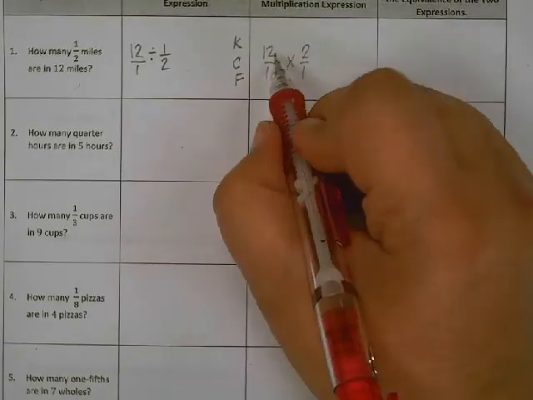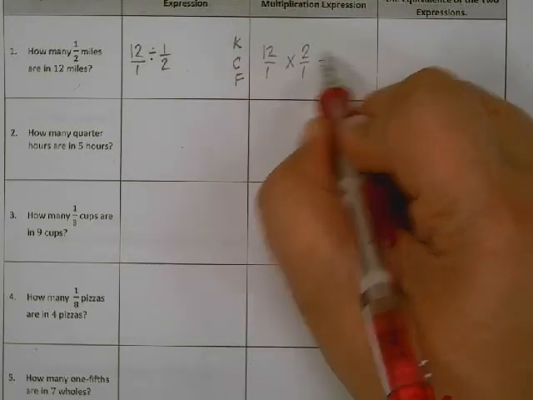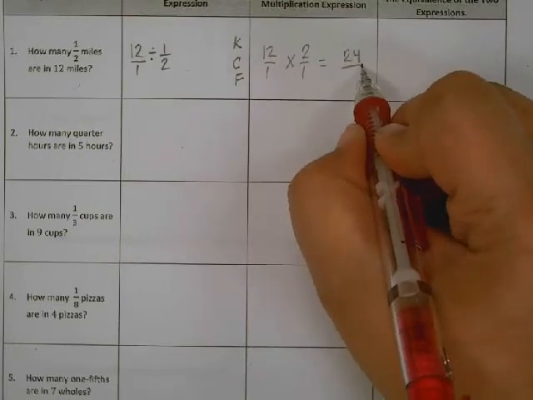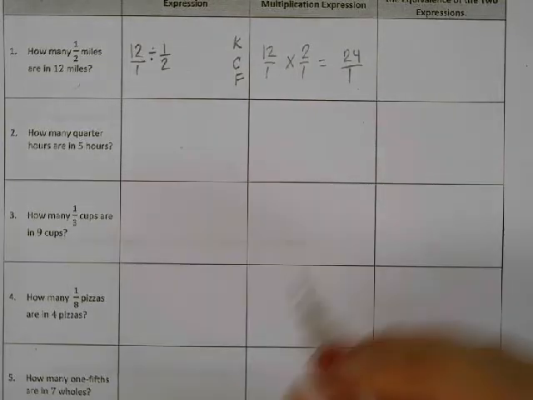So then I can just multiply straight across. And I know that 12 times 2 is 24 and 1 times 1 is 1. Now in the next one, it says to compare or write the equation showing the equivalence of the two expressions.